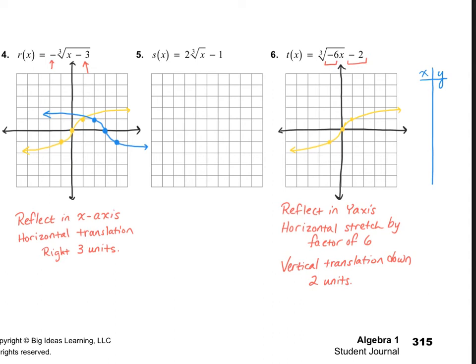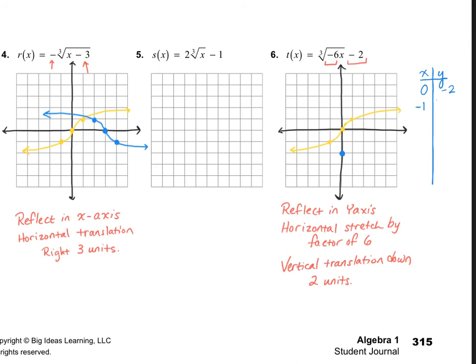Now, since there's a lot more going on in this question, let's go ahead and plug some numbers in. If we plug in 0, we're going to get -2 as an output. So that means that our starting spot would be here, and that makes sense because we're going down 2 units. Now I'm going to plug in a -1, and I'm going to need my calculator to help me out on this one because it's not going to give me a perfect nice answer.